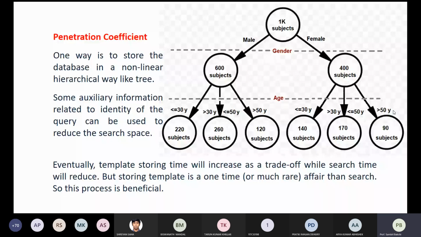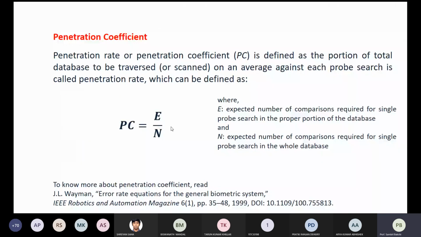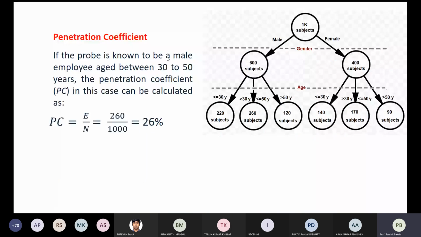The penetration rate, or penetration coefficient, is the fraction of the total database that you are actually searching. For example, if you know he is a male aged between 30 to 50, you will search only these 260 subjects.